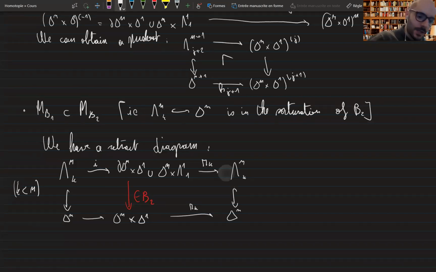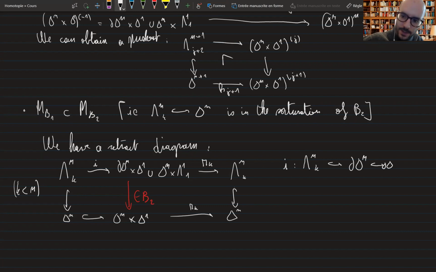Okay. So here it's just the standard inclusion. Now we need to define I. So I is the inclusion where you go to lambda nk inside the boundary, and then you include inside delta 1 cross delta 1 union delta n cross lambda 1, 1.